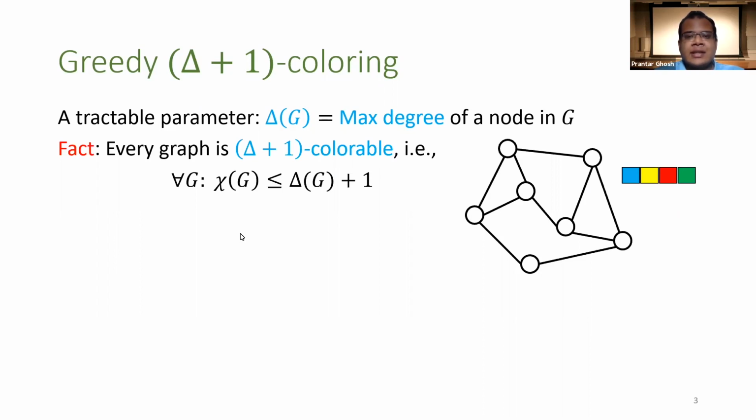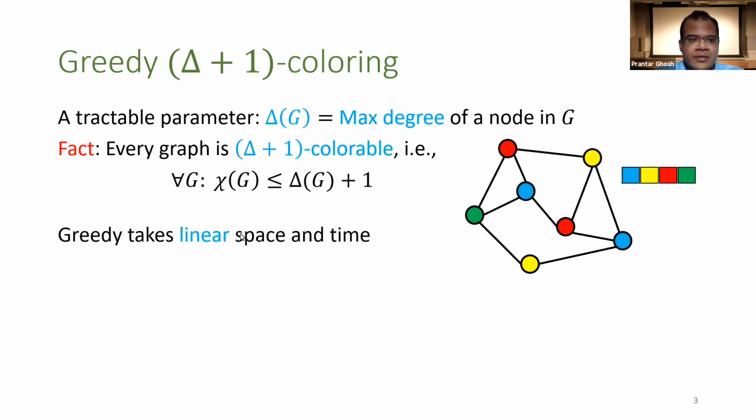We just assign each vertex the first available color that's not assigned to any of its neighbors. So if we color it using any arbitrary ordering and following this algorithm, we would color it with 4 colors. So in general, a graph with maximum degree delta will be colored with delta plus 1 colors.